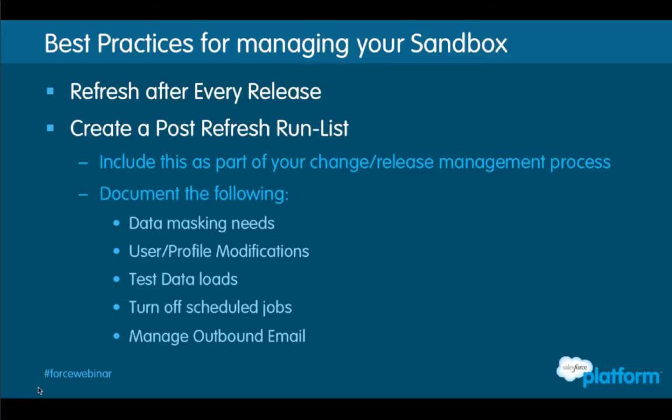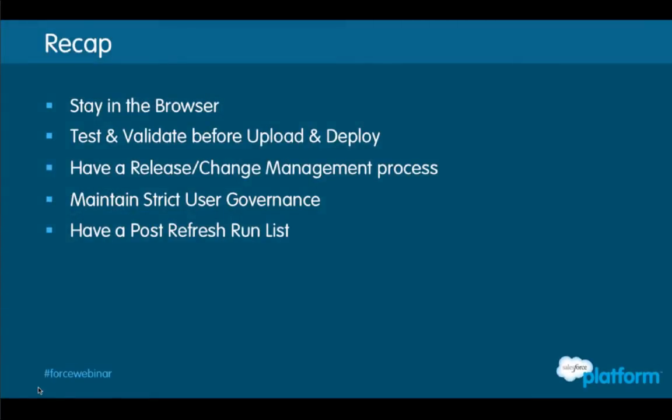So make sure the default is that email is essentially turned off, so that shouldn't happen. But for special cases, if you're modifying your users in the sandbox, the user emails, the ones that say like, hey, your password is being reset, that's a system-only email, okay? That's what we have the sandbox set to as a default. So you would actually have to shut it off completely to make sure those don't go out. So have a run list.